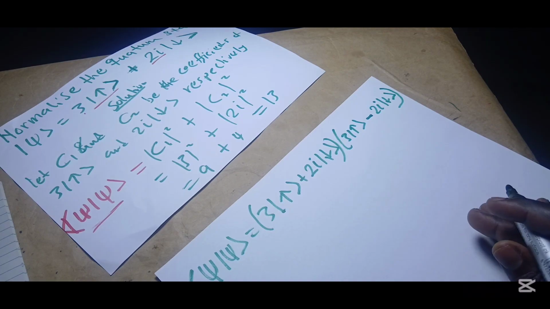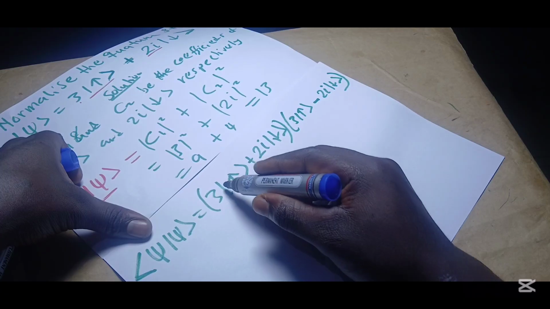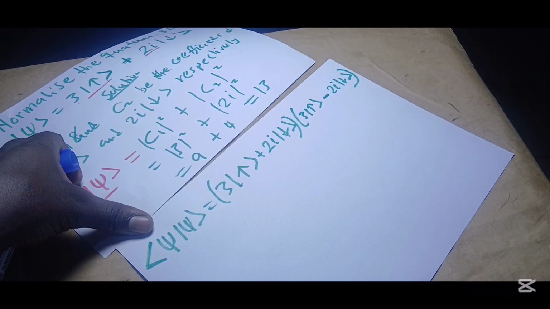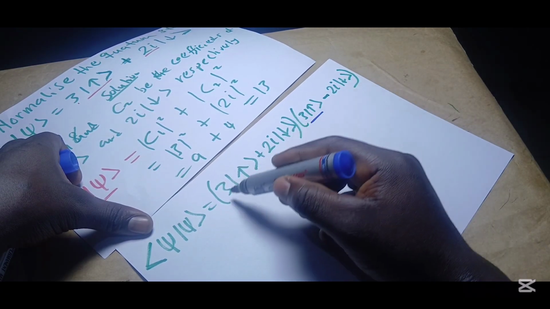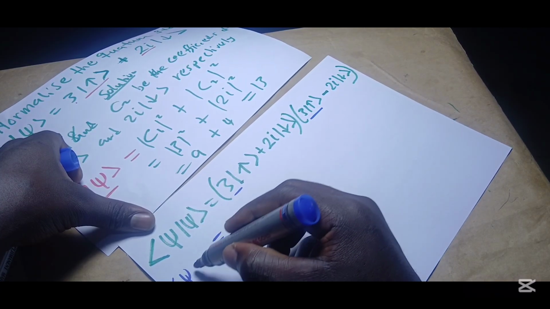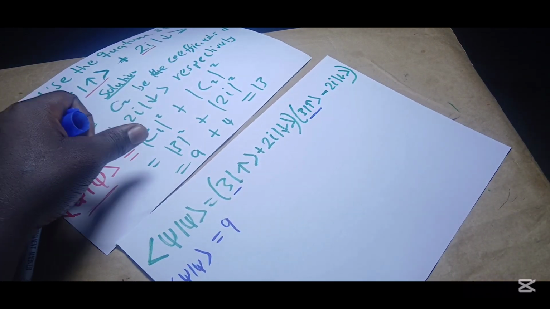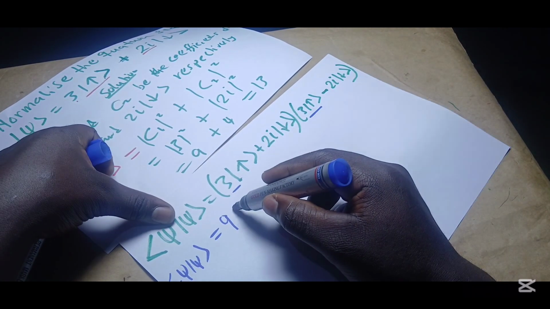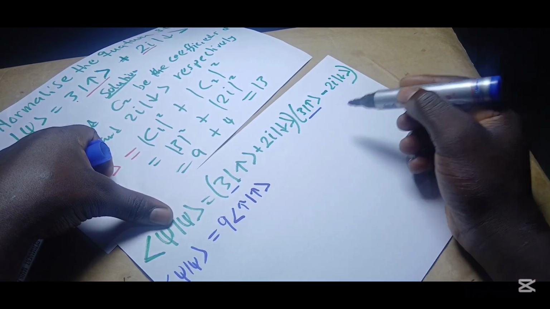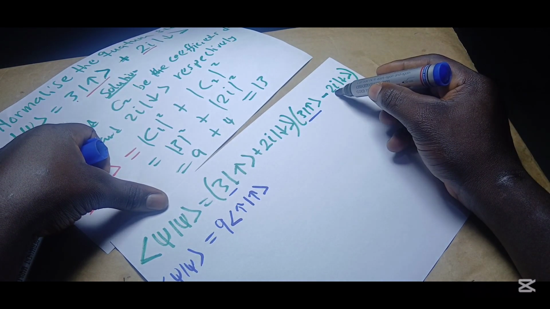So now let's expand it. So we have 3 spin up multiplying 3 spin up, right? So how do we write this? 3 by 3 should give us 9, right? So this will be equal to 9 bra spin up, spin up ket, and 3 spin up multiplying minus 2i.